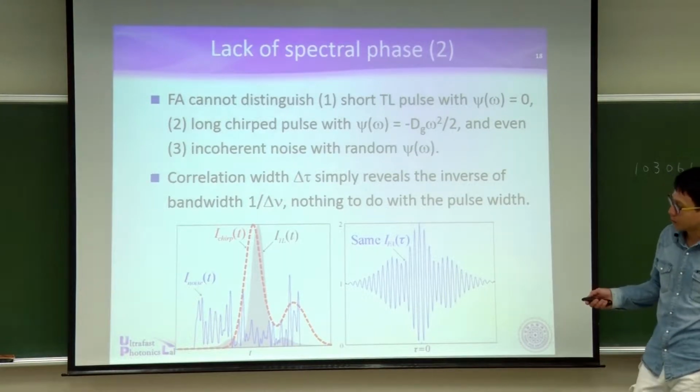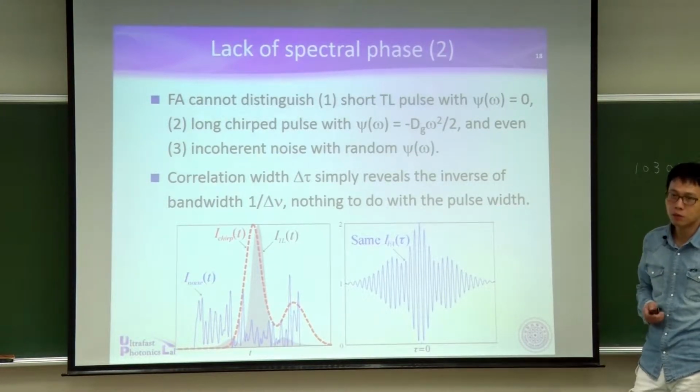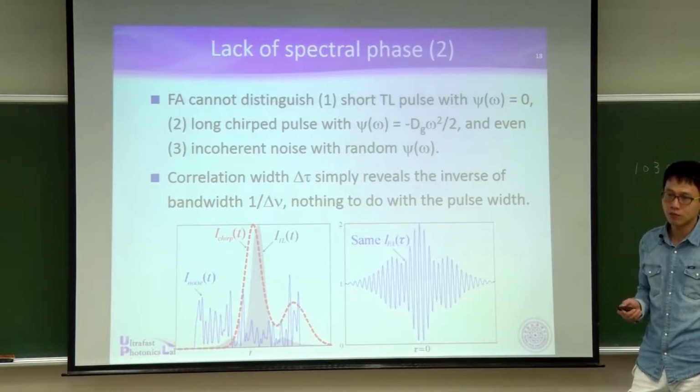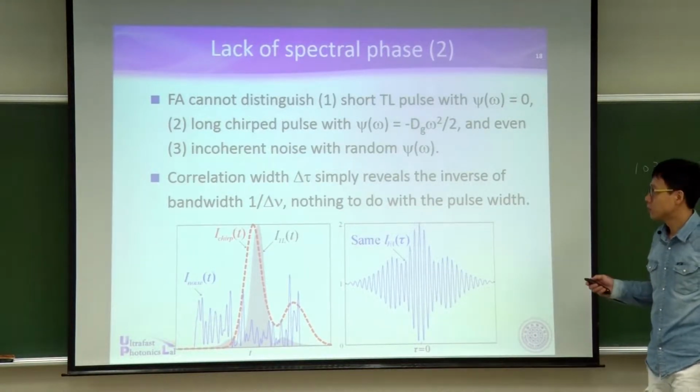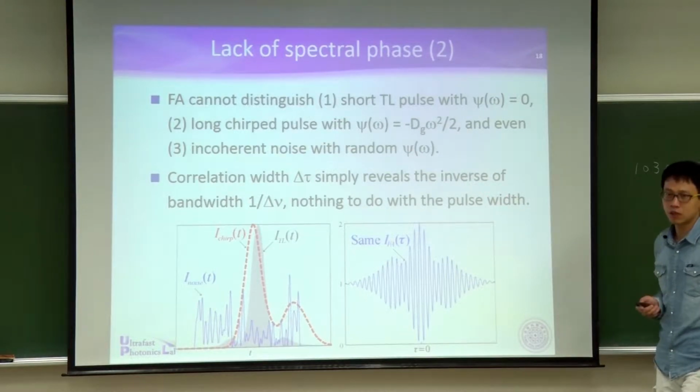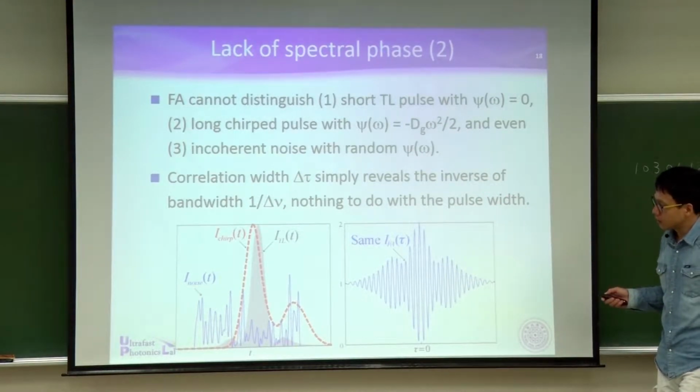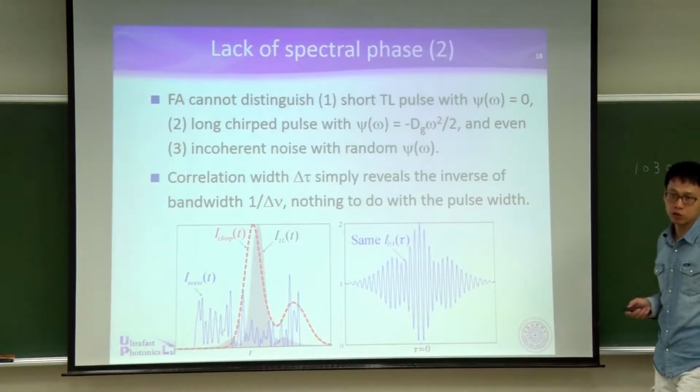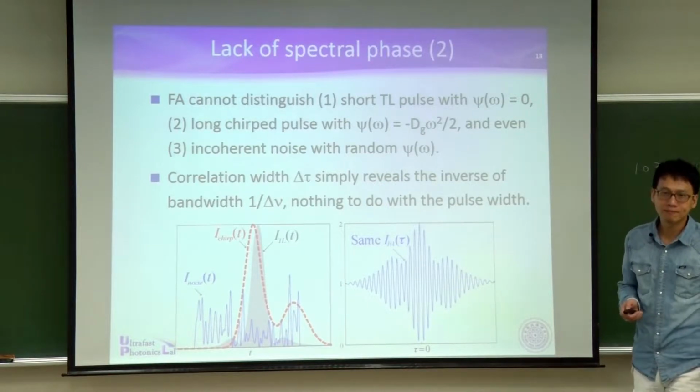As you have seen, in the 3 cases the pulse durations differ a lot, but they give rise to the same field autocorrelation trace. So you cannot tell the pulse width, delta t. The real meaning of the correlation width, the width of the autocorrelation trace, is only related to the bandwidth.